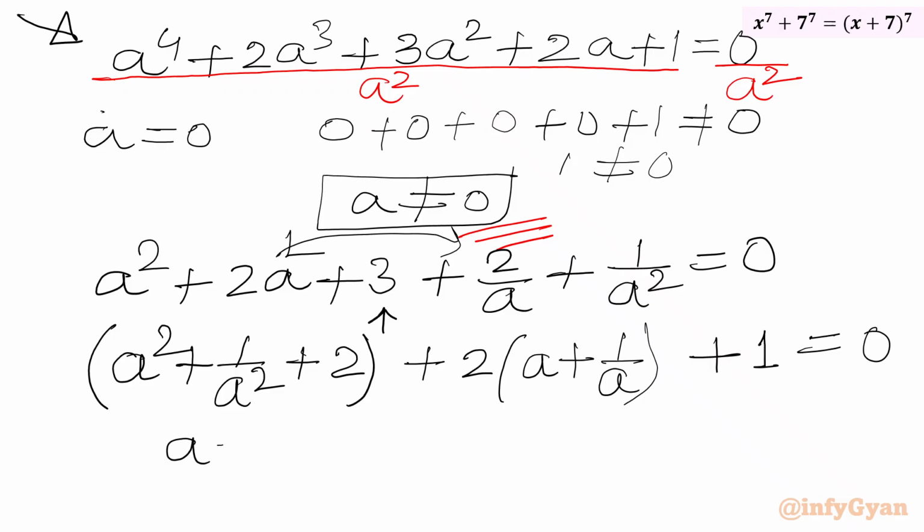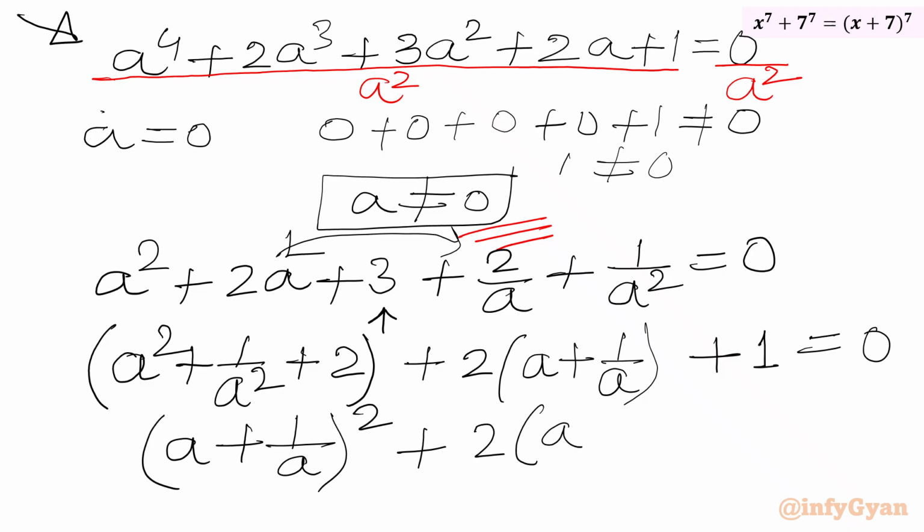Now a^2 plus 1 over a^2 plus 2 is (a + 1/a) whole square, plus 2 times (a + 1/a), plus 1 equal to 0. If I consider a + 1/a equal to, suppose, b, then this is b^2 + 2b + 1, which is one algebraic formula.